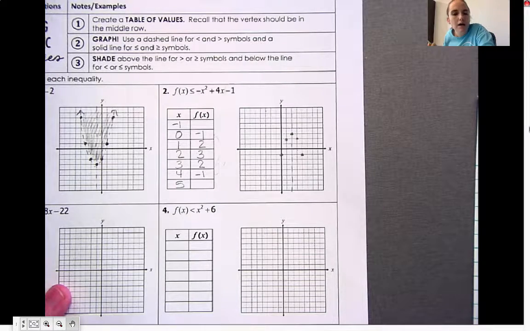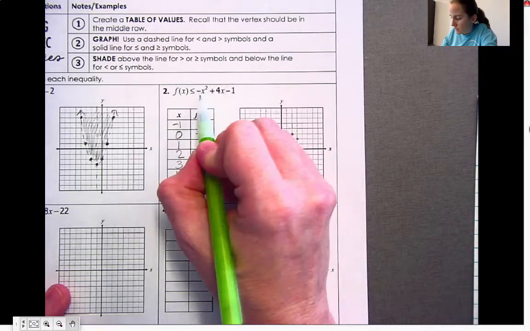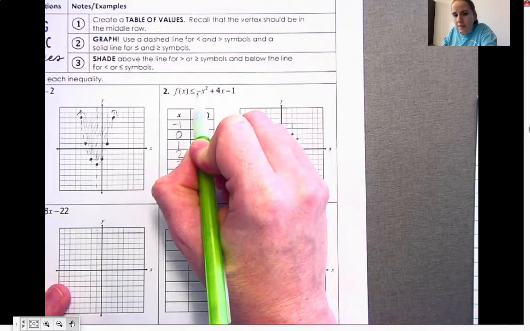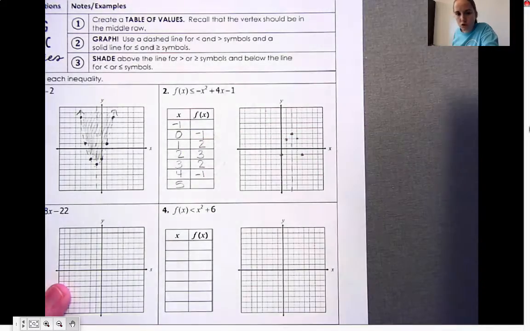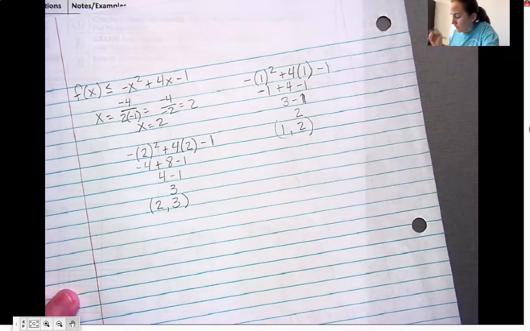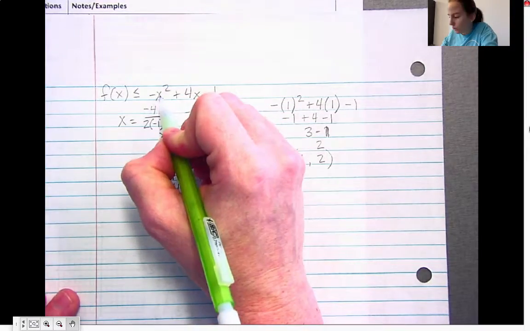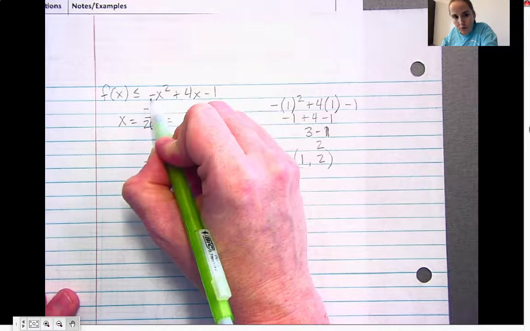All right, now I do want to show you one more, only because a lot of students have trouble when this negative is in front here, and then they have to plug in a negative value for x. So I want to just make sure that everybody's okay with that. If I plug in a negative for this x value, that does not do anything to this negative. This negative is part of the equation.